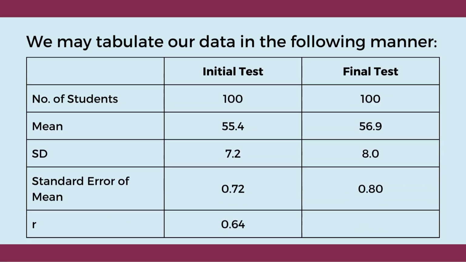First we are talking about the initial test. Okay, mean value is 54, SD is 7.2, standard error of the mean is 0.72 and the correlation coefficient value is 0.64. And for the final test, the number of students is again the same, that is 100.